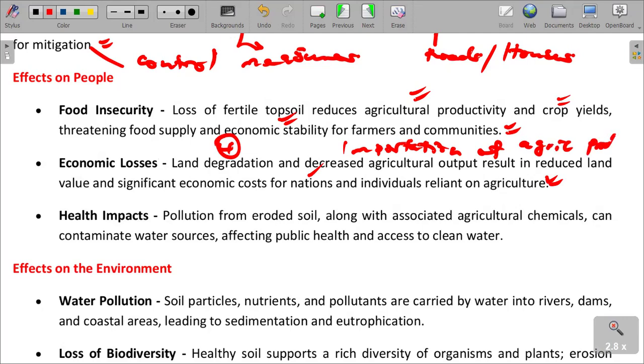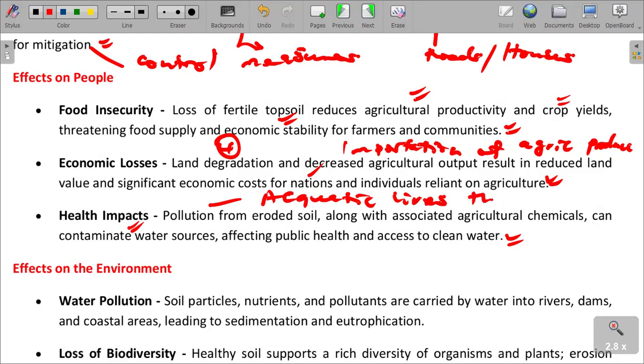which is also a serious problem, and then health impact, which talks about eroded soils associated with agricultural chemicals contaminating our water resources and also affecting public health and access to clean water. We also talk about this pollution. We cannot forget that the end result is that aquatic lives are also threatened.